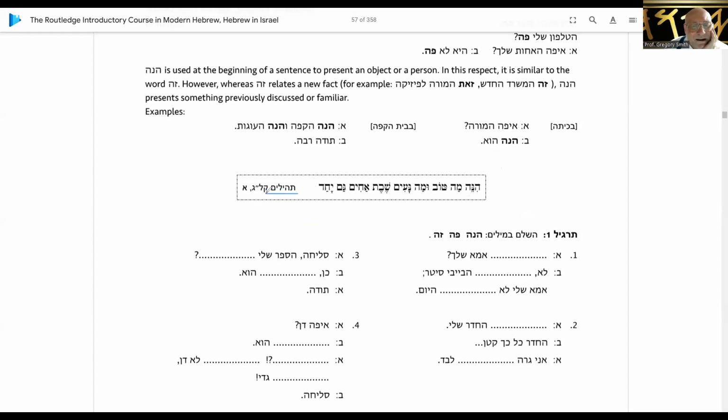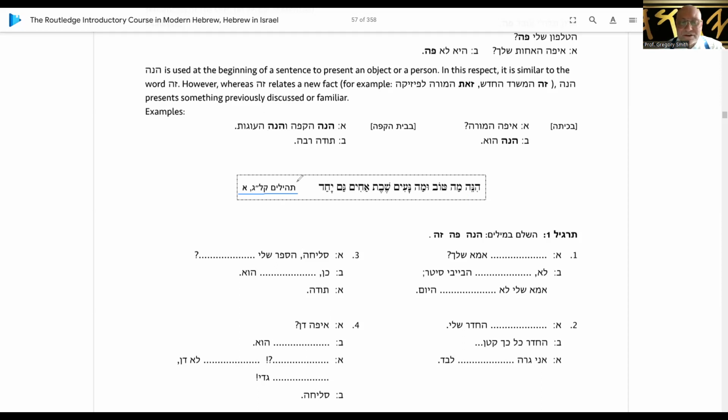Okay. Look at this. Tahilim kol gimel aleph. Let's take a look at that. Tahilim. Yeah, that's Psalms. Look at that. תהילים. And you know what this is?